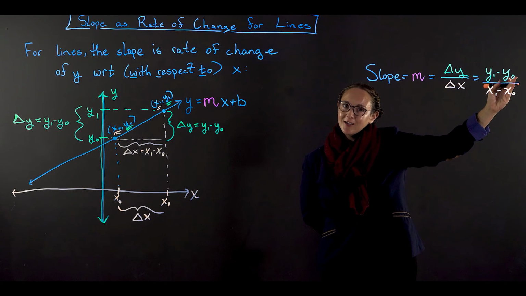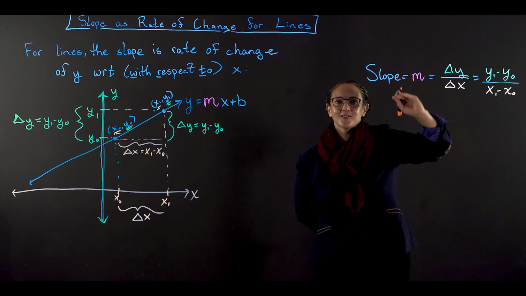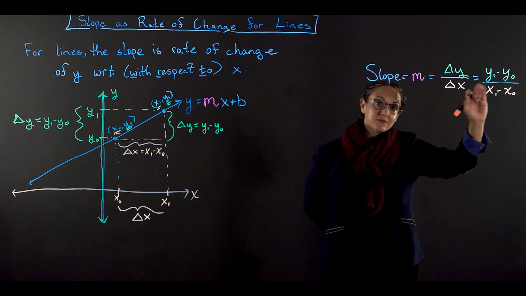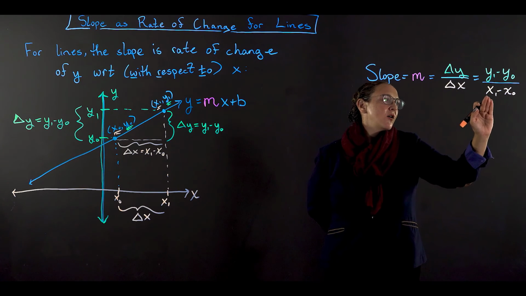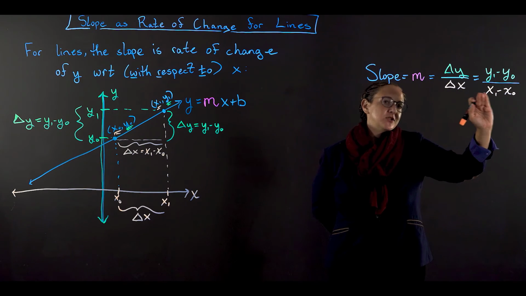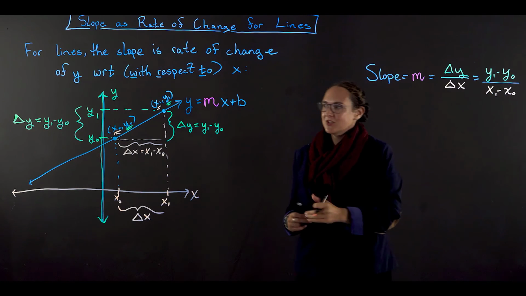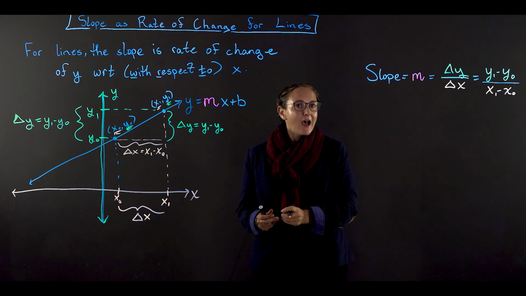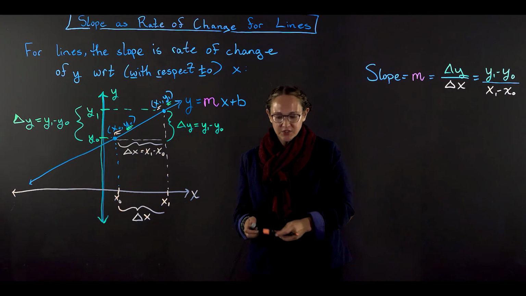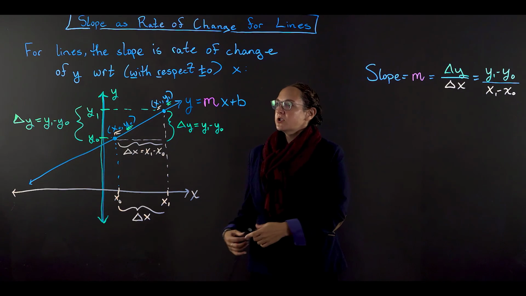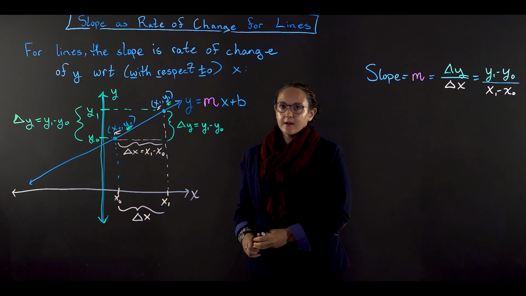So this equation that you've seen for the slope many times is just taking the change in y, or the change in your elevation, so rise over run, over the change in your x values, which is x1 minus x0. That's how we compute the change. It tells us how y changes when we change x, a notion that won't depend on how zoomed in we are.